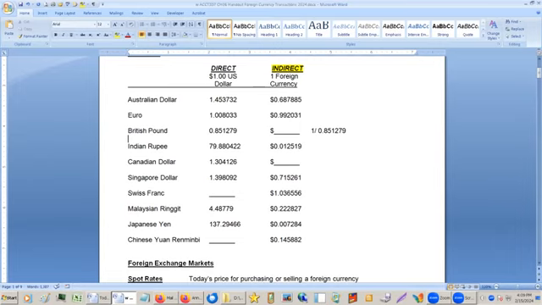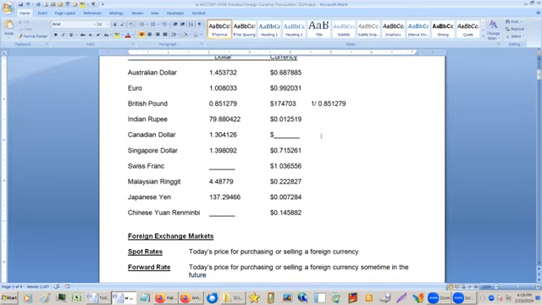Okay, so our British pound, $1 will get us 0.85 of a British pound. But if someone hands us a British pound, it's worth 1.74703. So we just take the inverse of it. So Canadian dollar, we would get $1.30-ish for it.